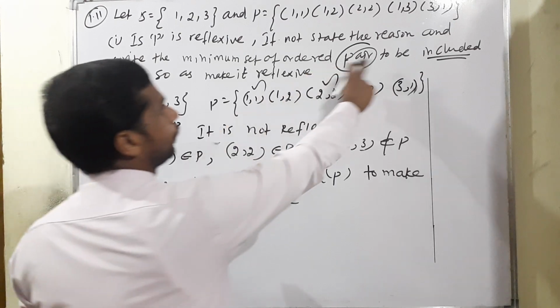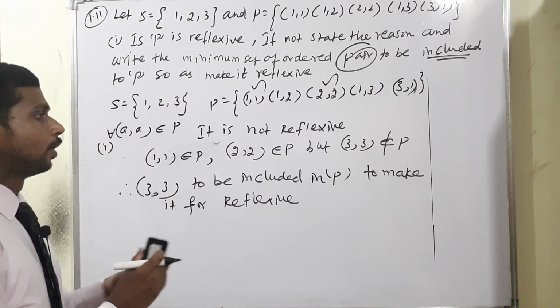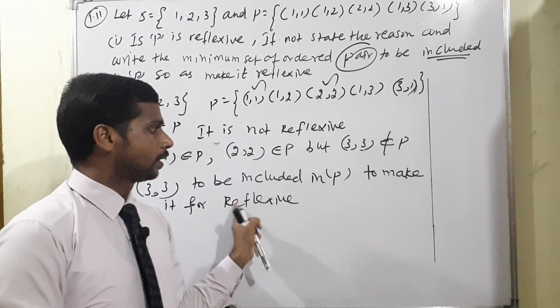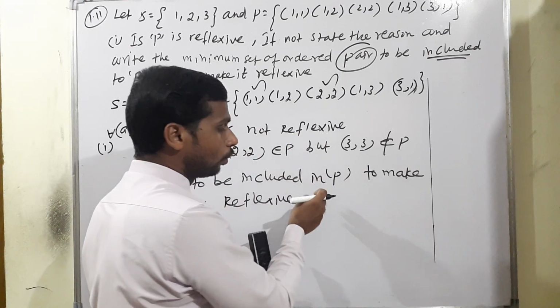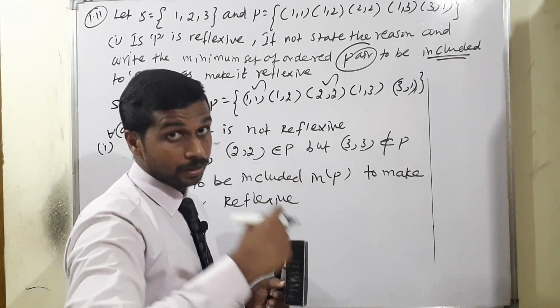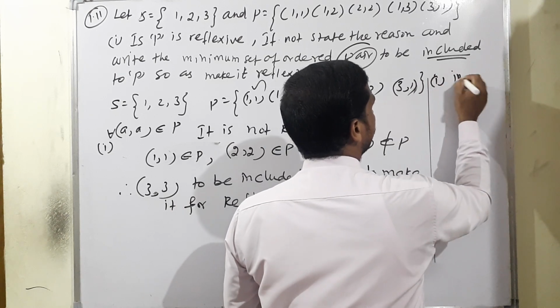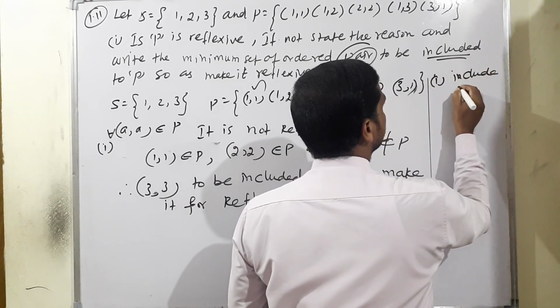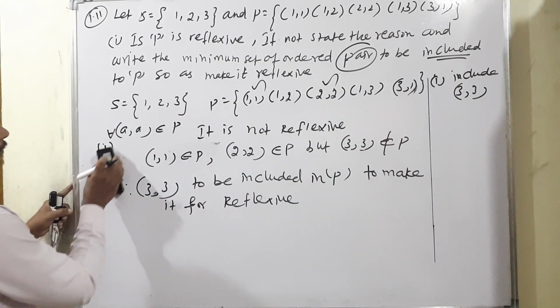That is the pair to be included to make it reflexive. So (3,3) to be included in the set P means it becomes reflexive. Therefore I will write it here, because we need this included and deleted pair at the end. Subdivision 1, what is included? (3,3). Okay.